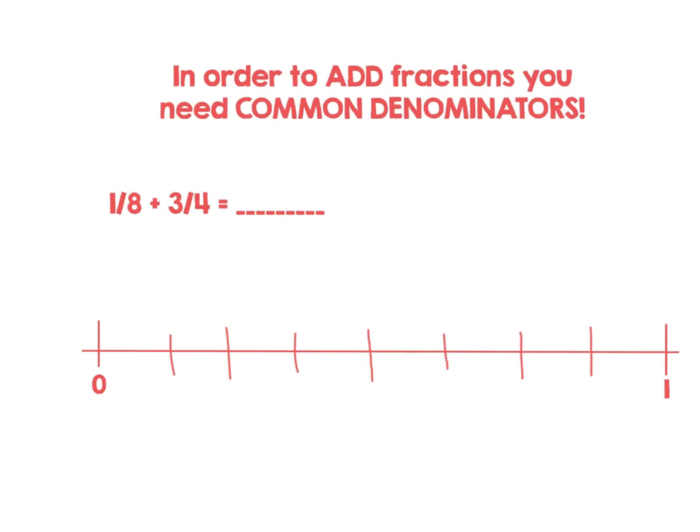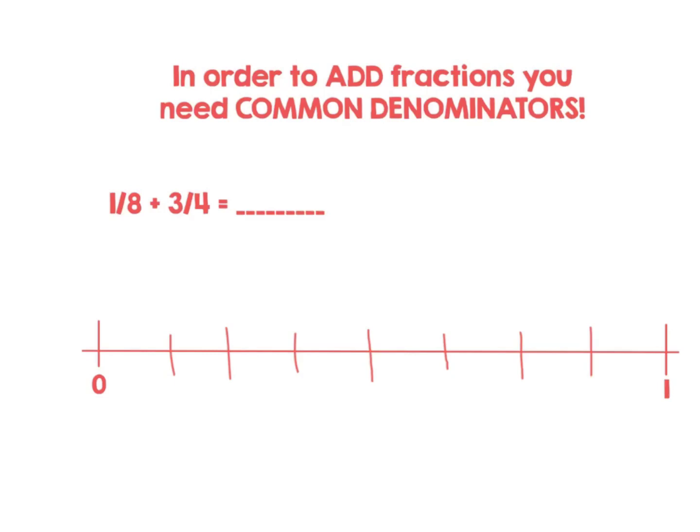So I'm breaking my number line into eighths. Now I'm going to just double check. I have 1/8, 2/8, 3/8, 4/8, 5/8, 6/8, 7/8, 8/8.